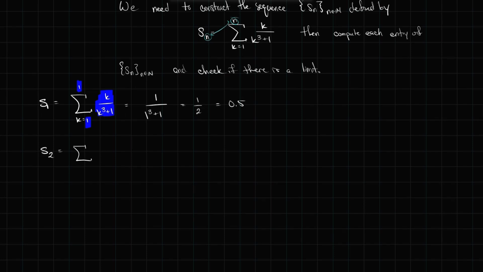S2 will be the case k equals 1 to 2. So here I'm going to have 1 over 1 cubed plus 1 plus 2 over 2 cubed plus 1. This will give me 1/2 plus 2/9, or in decimal, 0.72 repeating.